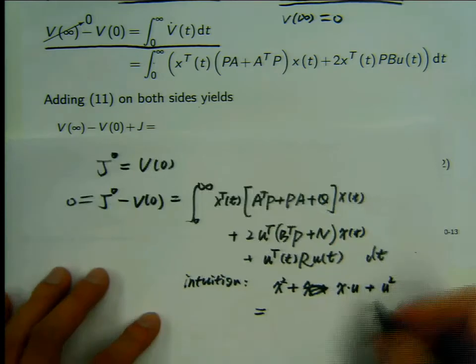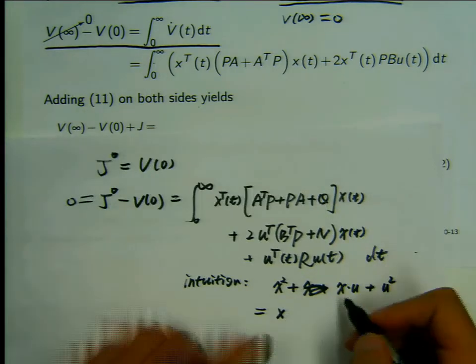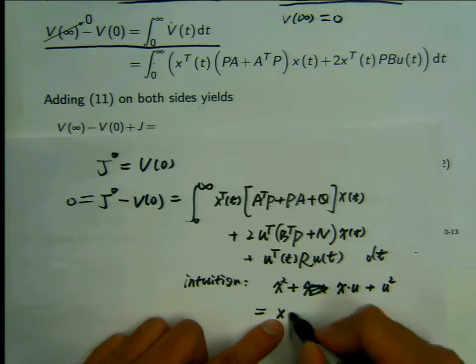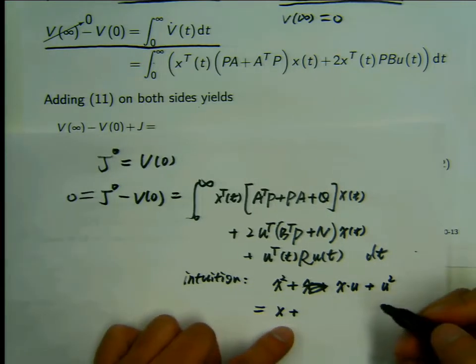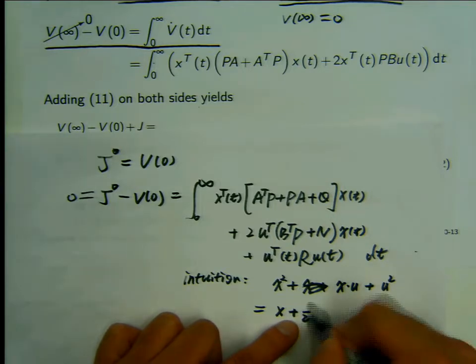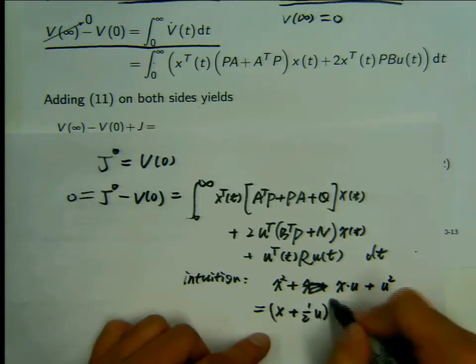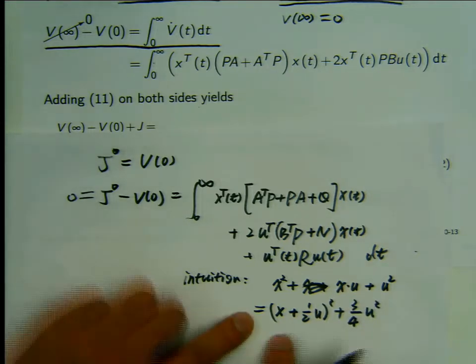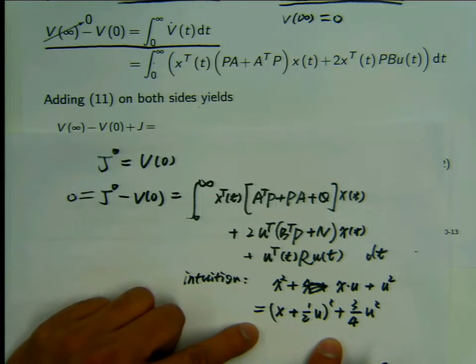Let me go one step further. What you are actually doing is to write x squared plus xu, and what we are actually doing, if you see the result, is going to be this. We're actually minimizing this, right?